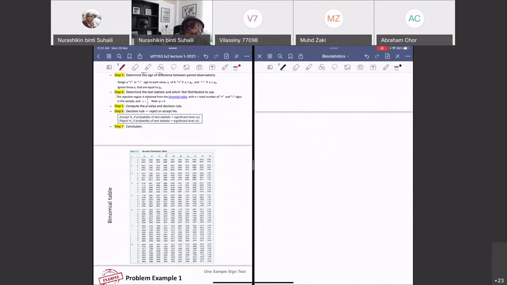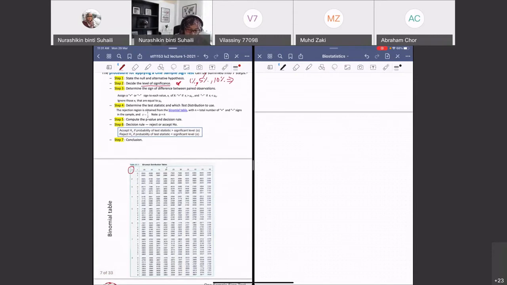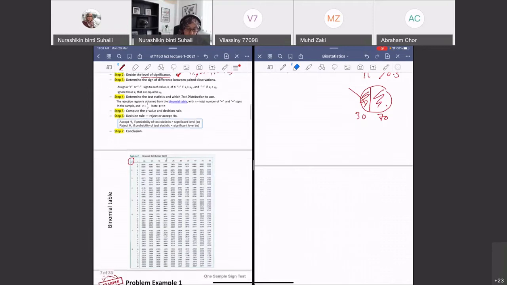So you have to know there are n. N is defined as not the total number of the sample, but the total number of those values that are assigned positive and negative. I'll show later how to determine that.